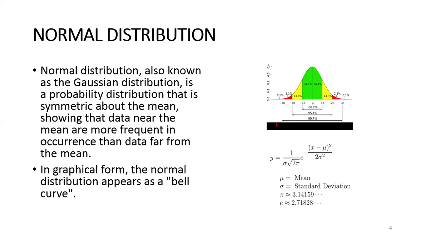Then as you go toward the left, the values reduce. From here to here is 1 standard deviation, but you will not say minus because you are now getting something lower than mean. That's why we say minus 1 standard deviation, minus 2 standard deviation, minus 3 standard deviation.